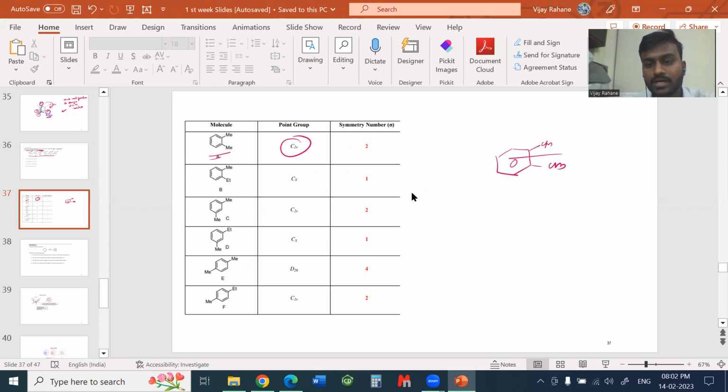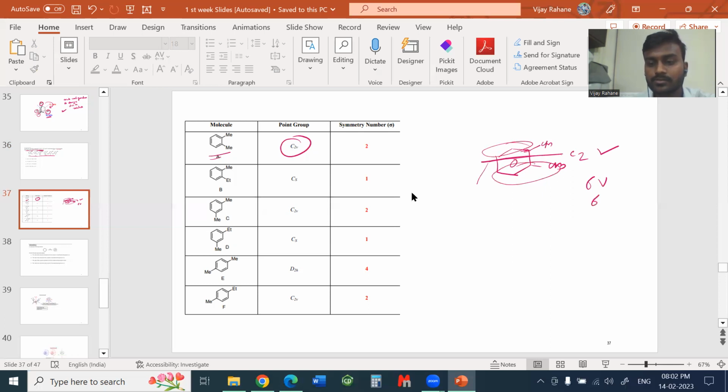If we pass the C2 axis, it's having the C2 and a plane which passes through the plane of this phenyl ring. That one is also a sigma V plane. Another sigma plane is the plane which is passing through the C2, but bisects this part, so this part will remain on one side and this part will remain on another side.